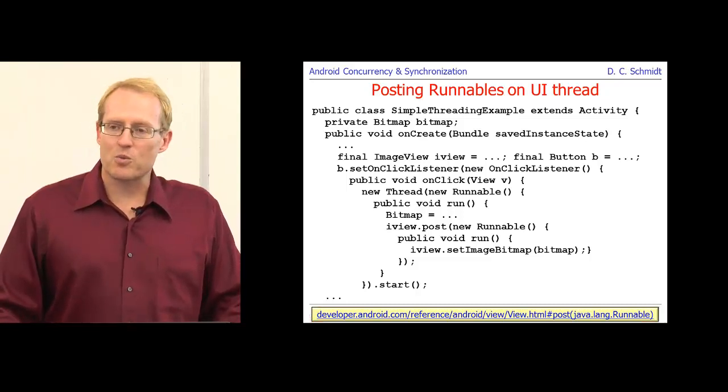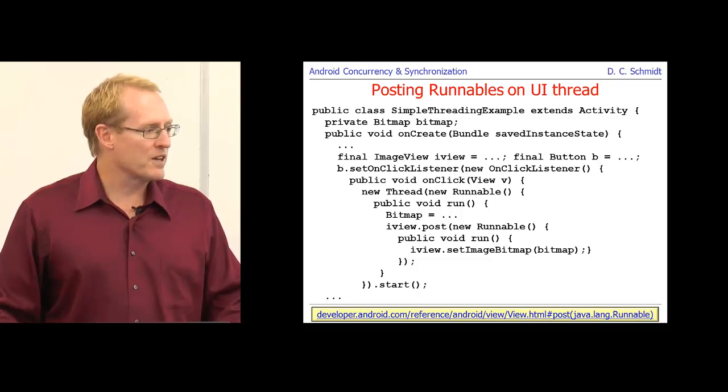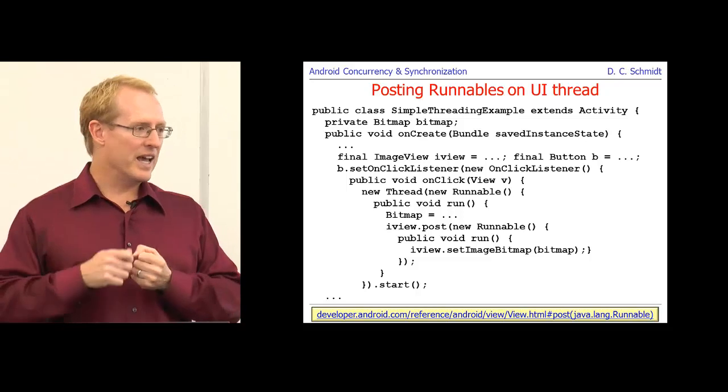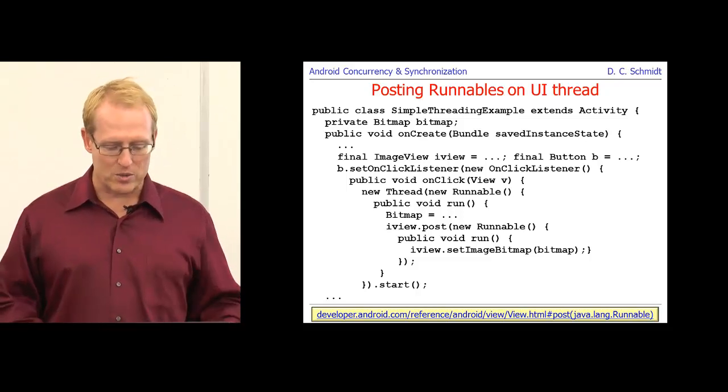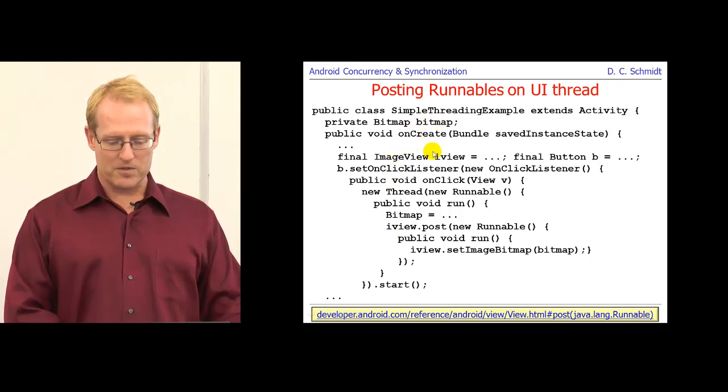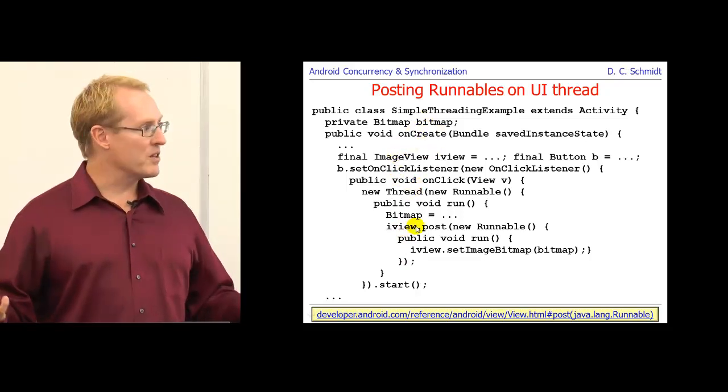There are a number of different ways to post runnables to the user interface thread. So we just looked at one where you created an explicit handler and then you went ahead and posted to that. There's other ways to do it as well. Things like an image view actually has a post method as well.